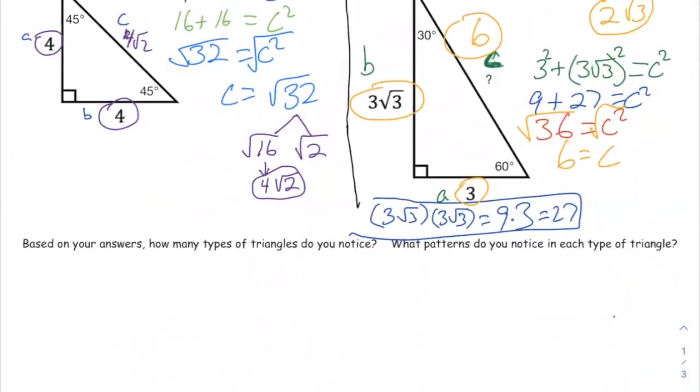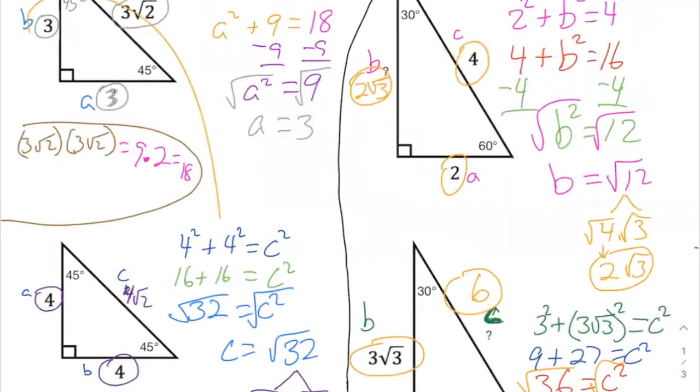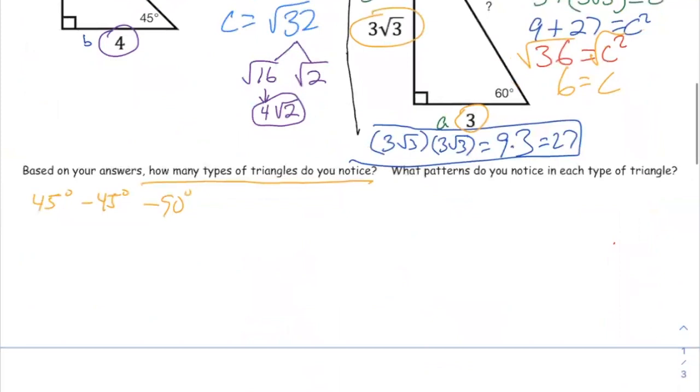Based on your answers, how many types of triangles do you notice? Well, I noticed that we had 45, 45, 90 right triangles on the left. These guys are 45, 45s. And then over here, we had 30, 60, 90s.